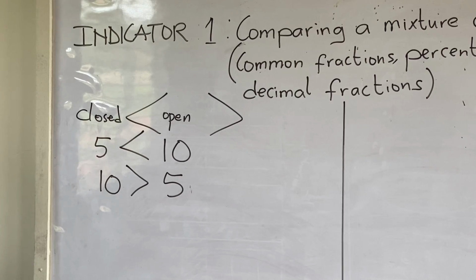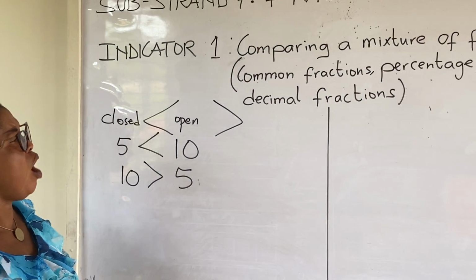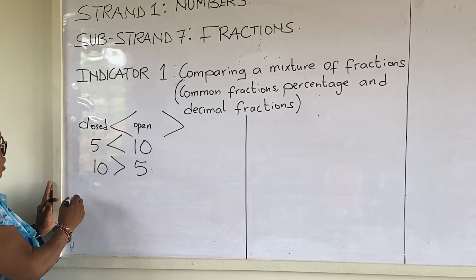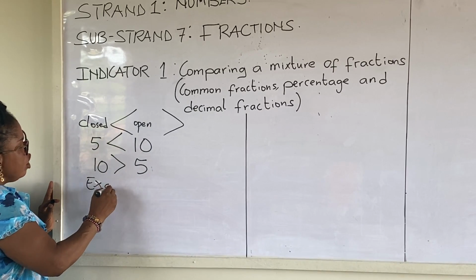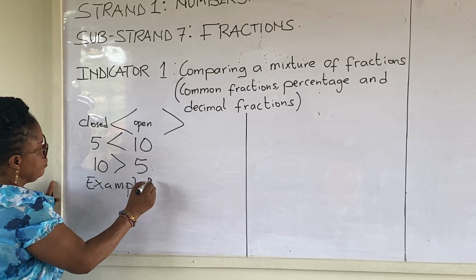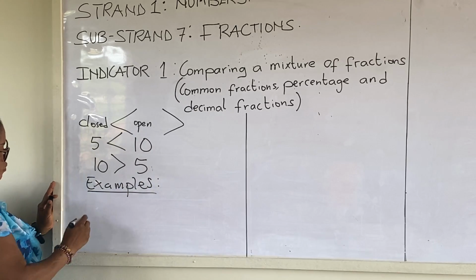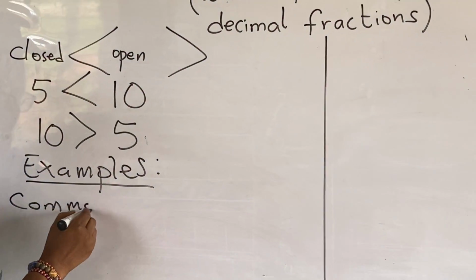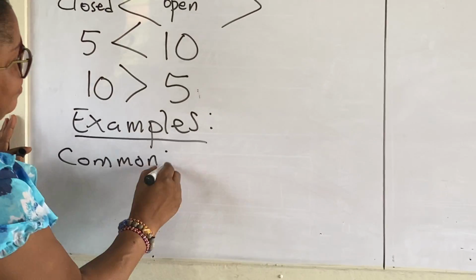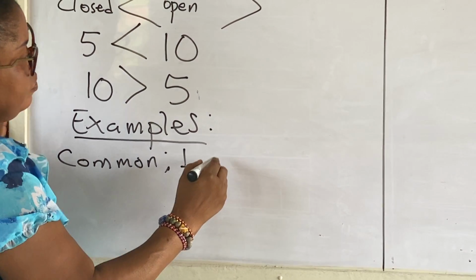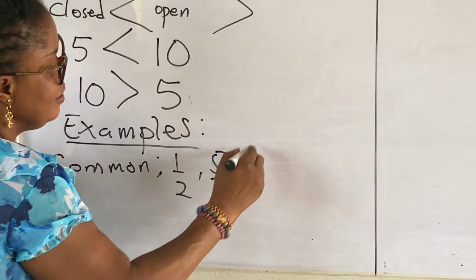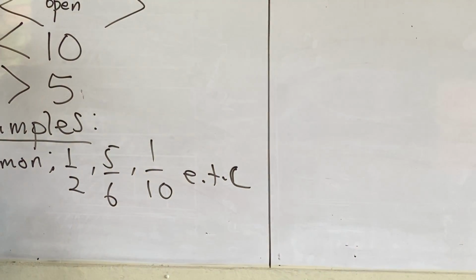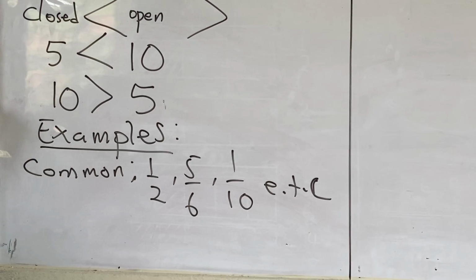So today we are going to compare common fraction and a percentage. Now, let's look at examples of each of them. These are common fractions. Examples of a common fraction are 1/2, 5/6, 1/10, etc. All these are known as common fractions.